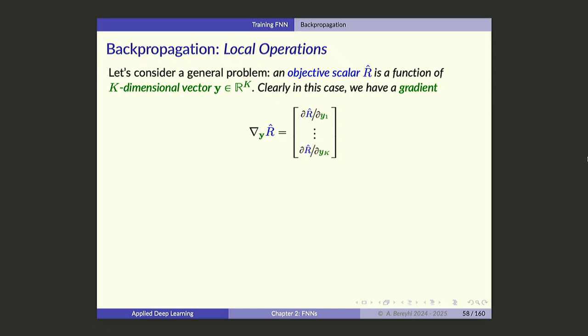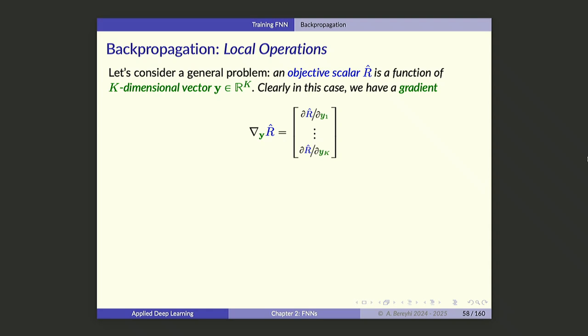But right now, you think of it as a function. So r hat is a function of one vector or one object, y. And what I do know about that is the gradient of r hat with respect to y. Somebody told me that the partial derivative of r hat with respect to the first entry inside y is the partial derivative of r hat with respect to y1.